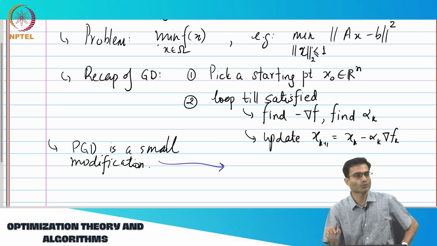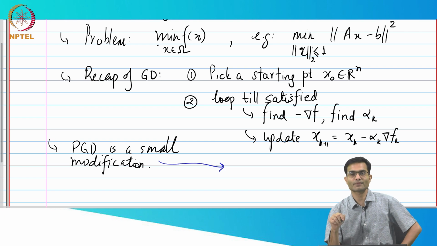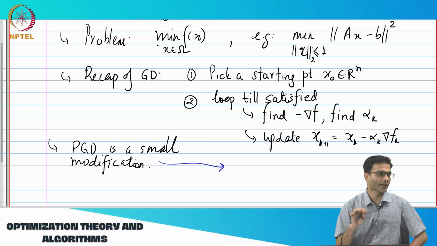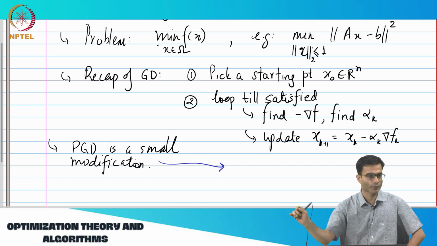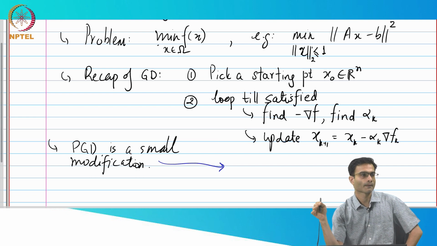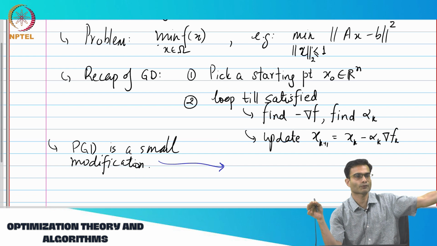I continue to do gradient descent the way I have done, except once I get x k plus 1, here is where the problem can happen, right? We can just intuitively think about it. x k was a point which was feasible, and I'm trying to improve it by going to a better point. So I got my gradient direction, I went in the negative of it, found a step length. What could go wrong? x k plus 1 could jump out of the feasible set. That's the thing that I have to worry about.